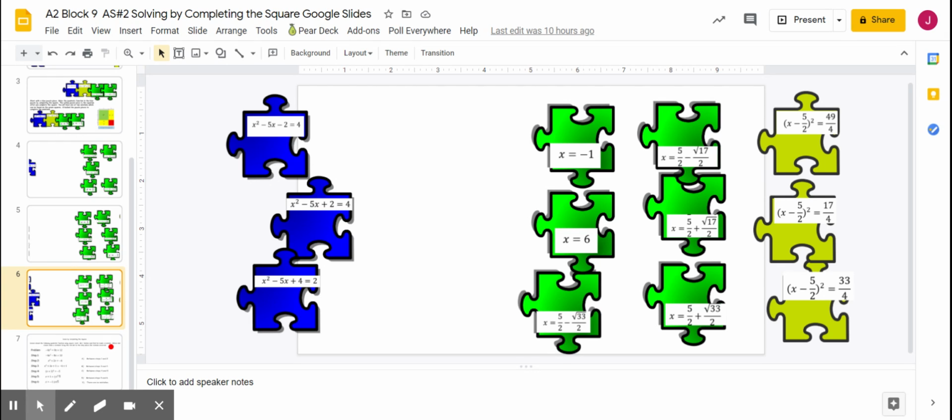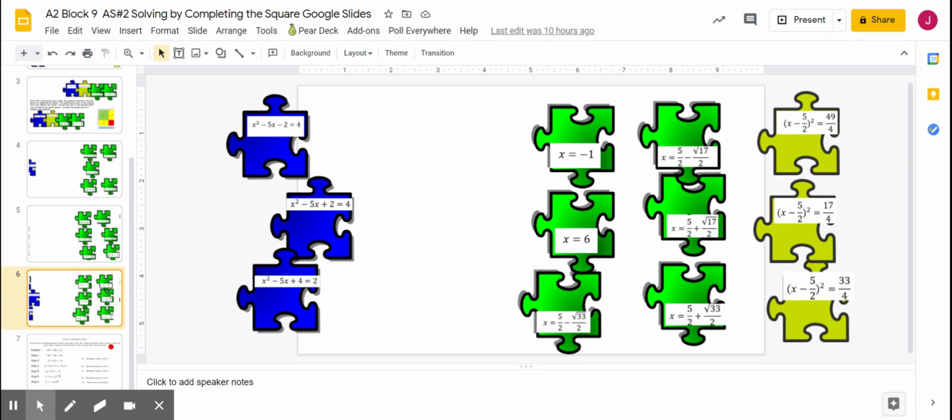Now on the left side, I want to write that as a perfect square, and I want to combine the right. On the left side, what times what makes x squared would be x times x.